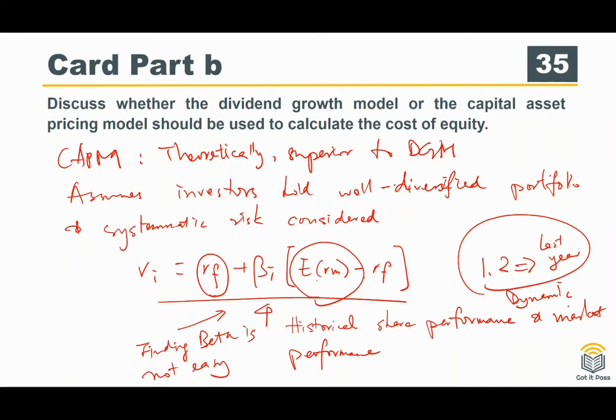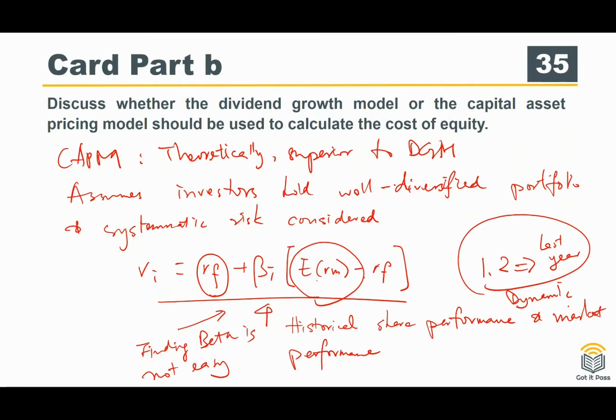For example, whether we should adopt the US 10-year Treasury bonds as the risk-free rate, or we should adopt other financial instruments as the risk-free rate. So here is the challenging part in this formula, in this CAPM.